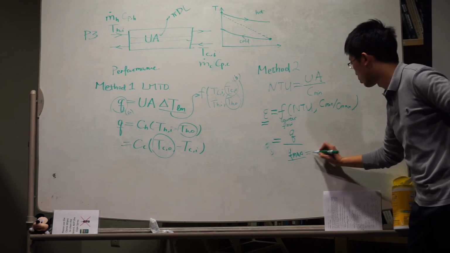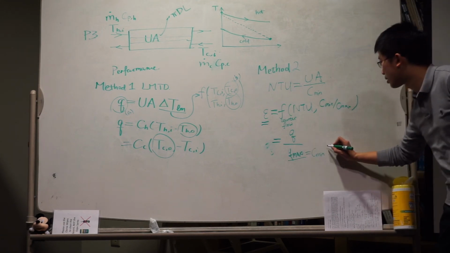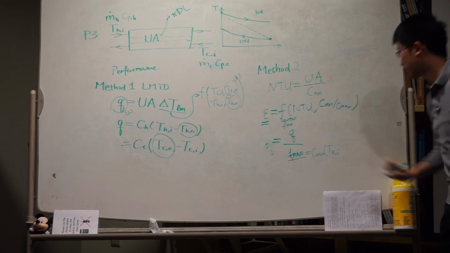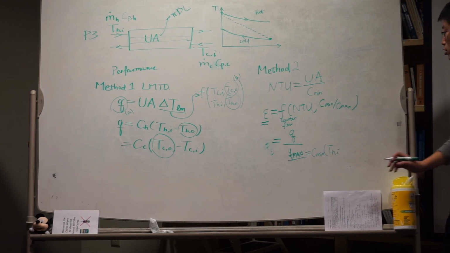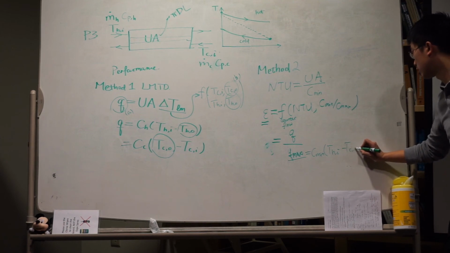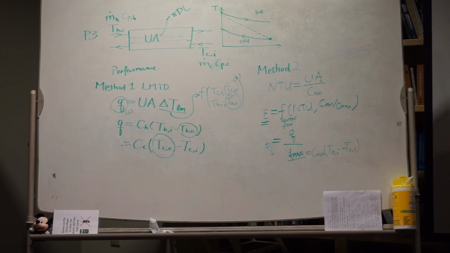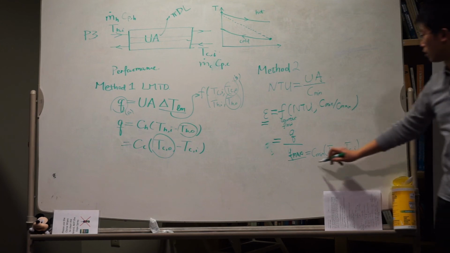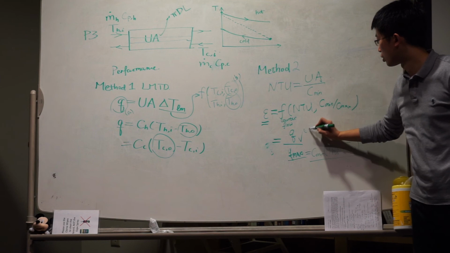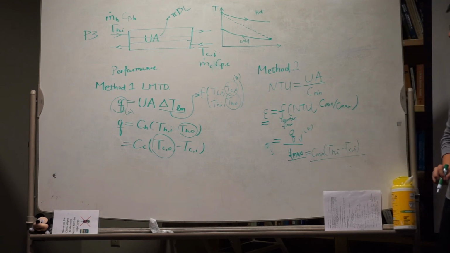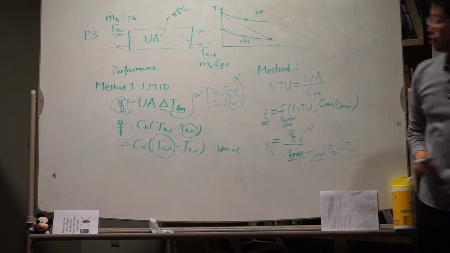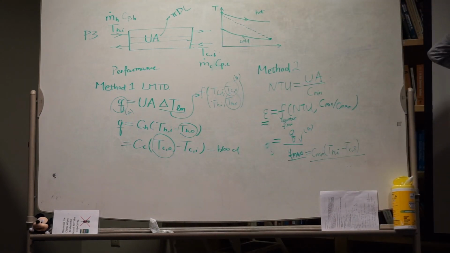So it should equal the capacity rate of the smaller side times the hot side entrance temperature, which is the hottest, minus the cold side entrance temperature, which is the coldest. We know this number, and then we can get this Q, which is part A. Using this, we can get the outlet temperature on the cold side.